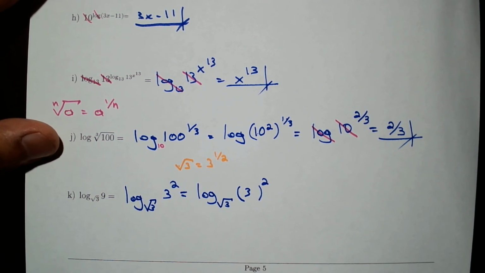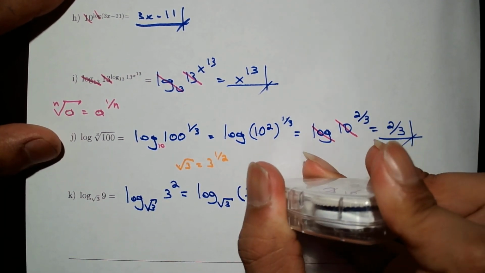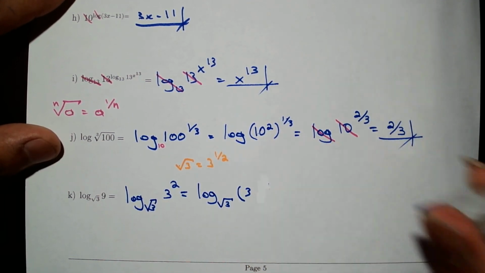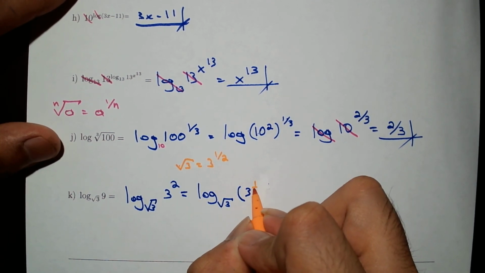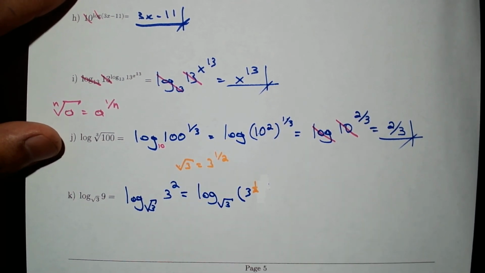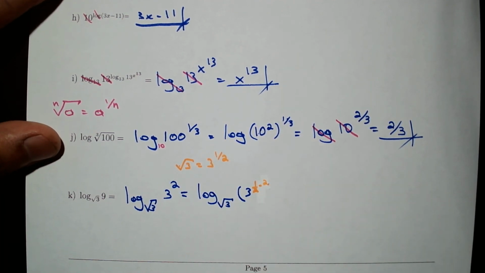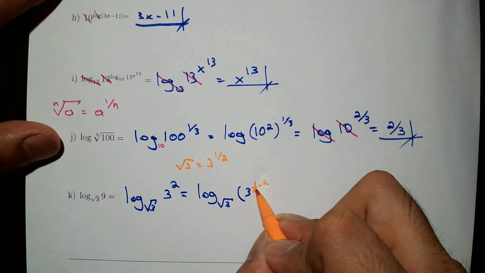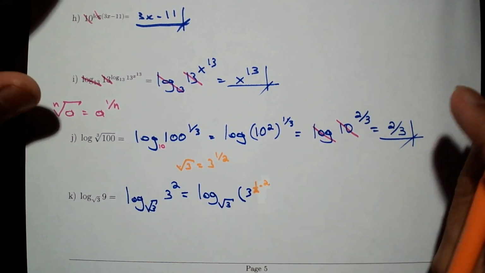And guess what? Curiously here, I can just add that 1/2 provided I added something else. So I'm going to add the 1/2 I'm missing, but I'm going to multiply that by 2. Because 2 divided by 2 is 1, which is the 3 to the 1 that I had originally.